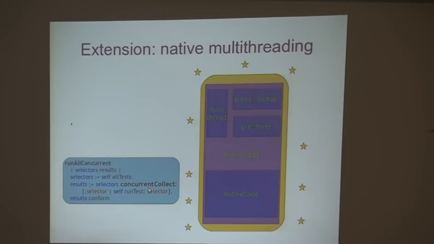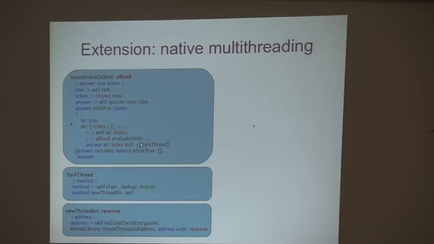So we can add, for instance, support for native multi-threading. So we can run all the tests, but concurrently. We changed the collect here to run all the tests for concurrent collect. That's here.